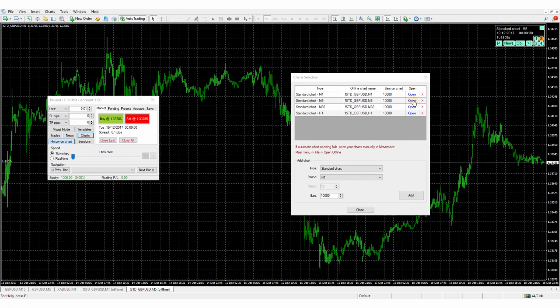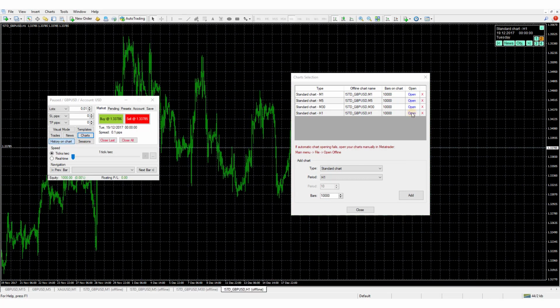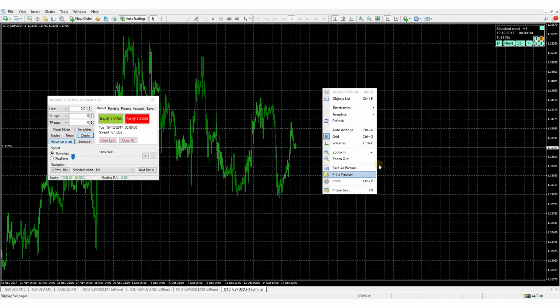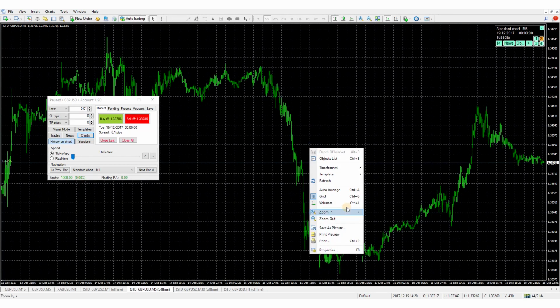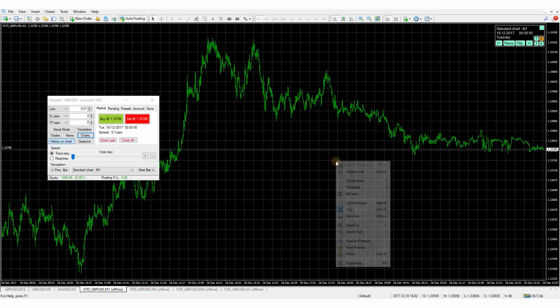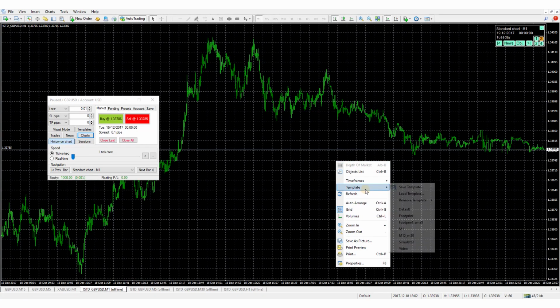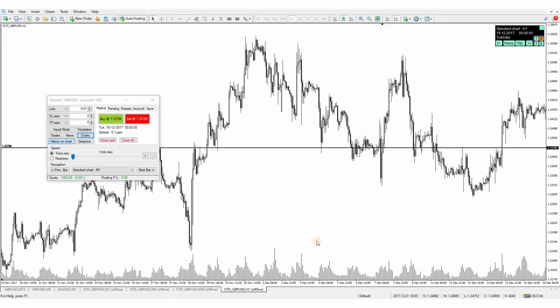So I chose the 4 time frames, and this should be enough. My templates, just the clean ones. Where is it? Every time the beginning, setting everything up, is the most boring part.